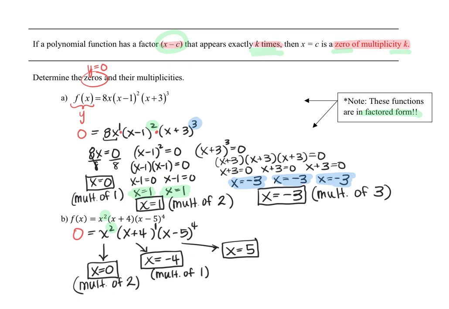But again, we take a look at the exponent. That's to the 4th power, which indicates the multiplicity. So that's going to be a multiplicity of 4. So if you have a polynomial in factored form, it will help you determine the zeros very quickly, but it also tells you the multiplicities of those zeros.